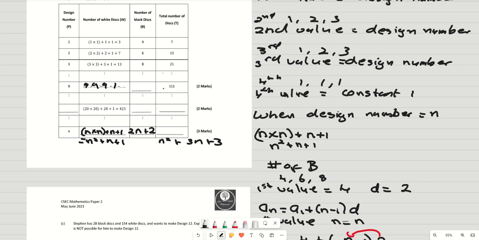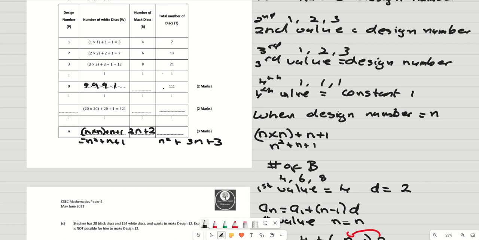The first value is your design number times your design number, your second value is your design number, and then we have the constant 1. You can do it on your calculator or manually. 9 by 9 is 81, 81 plus 9 plus 1 is equal to 91.